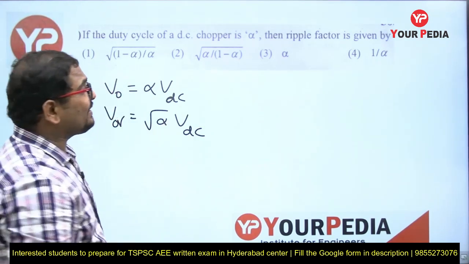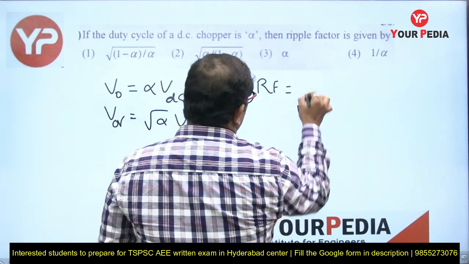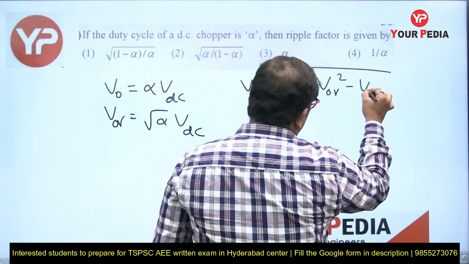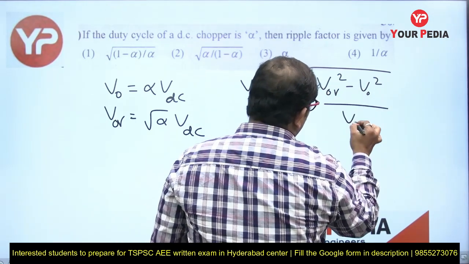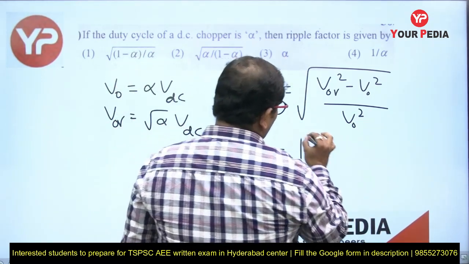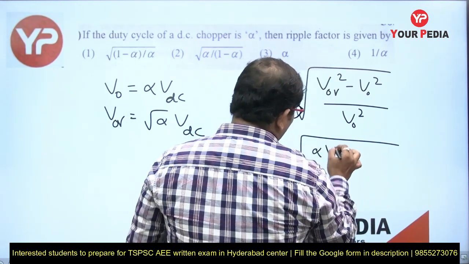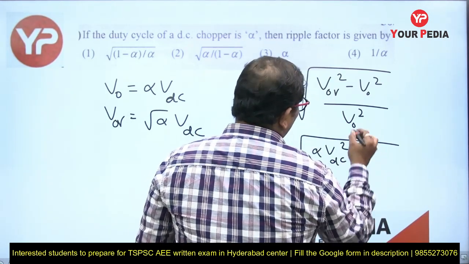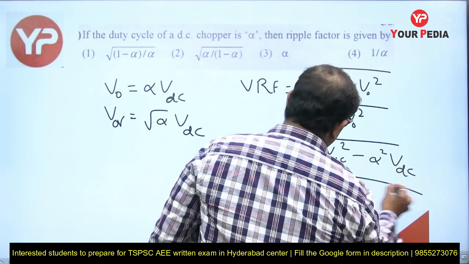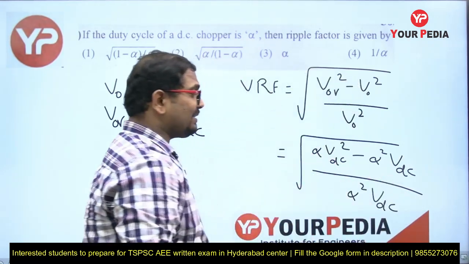So what is the ripple factor actually? The voltage ripple factor is equal to the square root of (VOR square minus V0 square) divided by V0 square. So what is VOR? Actually it is root alpha into VDC. Squared, it means alpha into VDC square minus alpha square into VDC square, divided by alpha square into VDC square. Yes or not?